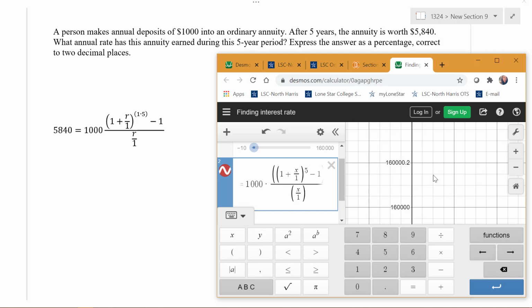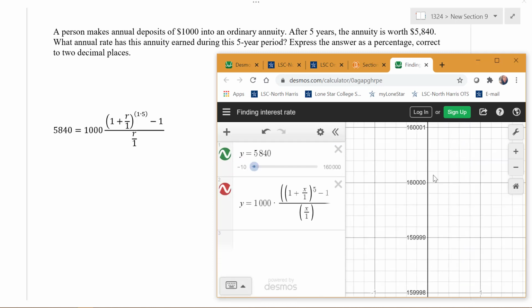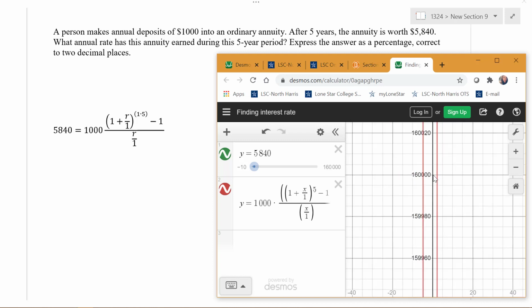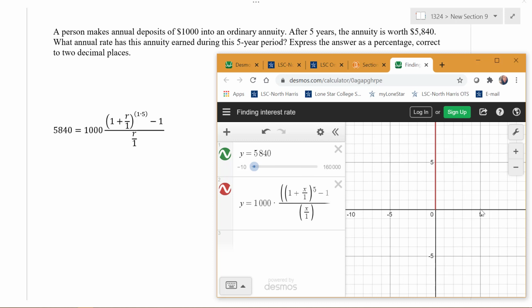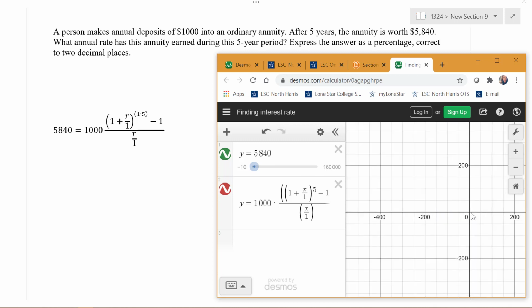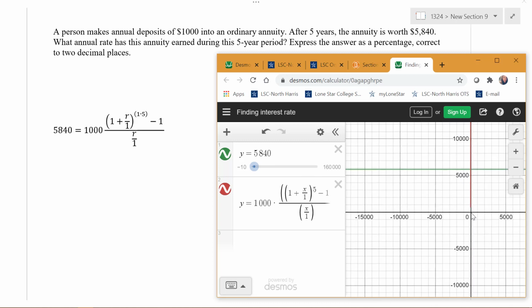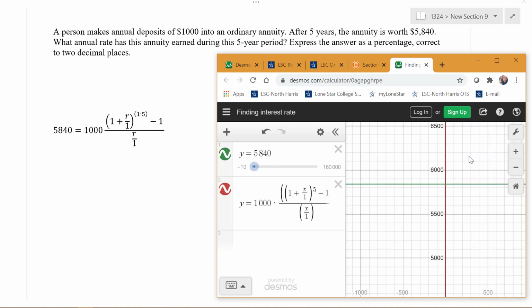So you're welcome to edit that equation that I've already given. Now, in order to find the point of intersection, we need to go to a y value of 5,840. You can zoom in and zoom out as much as you would need. You're looking for that green line. So there's the 5,840. I'm just going to zoom in.